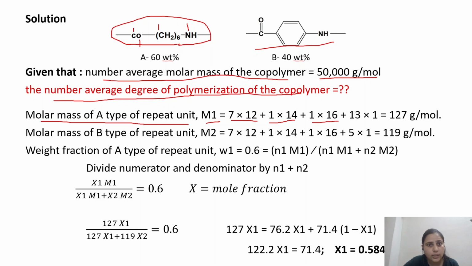When we do the multiplication and then the summation, we get 127 gram per mole.